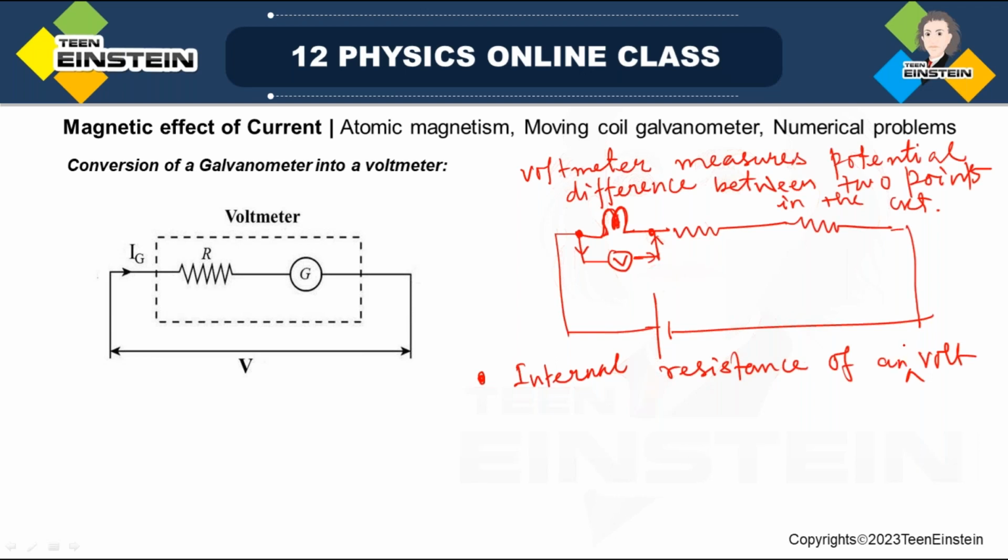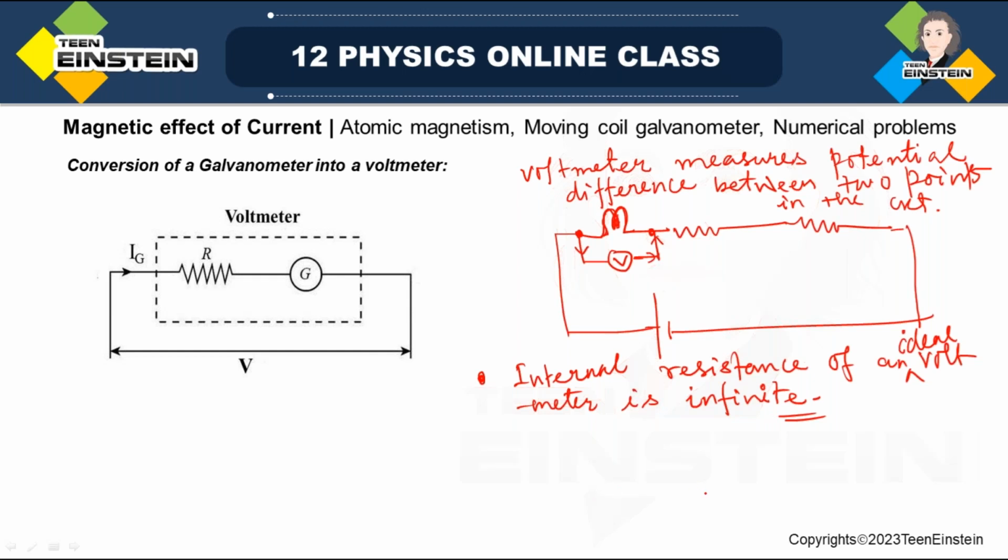An ideal voltmeter has infinite internal resistance, so that a very negligible current passes through it.